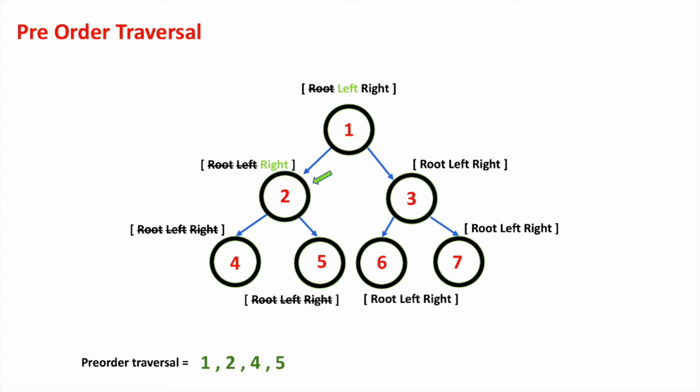So we will complete this and we will backtrack to the root element again. And here we can see that we have completed the entire left hand subtree over here. Now we will move to the right hand subtree. And we will keep on iterating this process using recursion until we cover all the nodes of the tree.